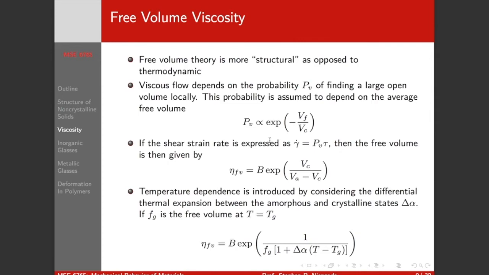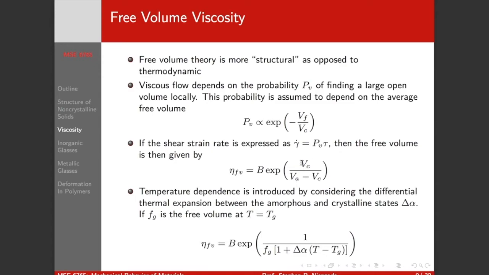and the probability is going to depend on the average free volume. So if we think of the shear rate as the probability of having enough free volume locally to accommodate the jump times the stress, we can develop a viscosity term that looks something like this.